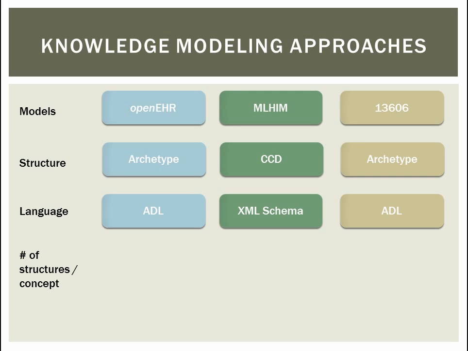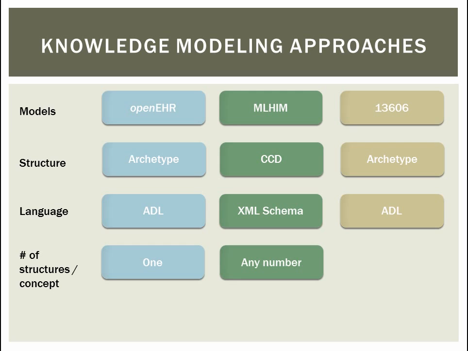The number of structures per concept, as we said before: since in OpenEHR the archetypes are the maximum data model for a given concept, there is this biunivocal relationship between the concept and the archetype, the archetype and the concept. So only one archetype is allowed for each concept.